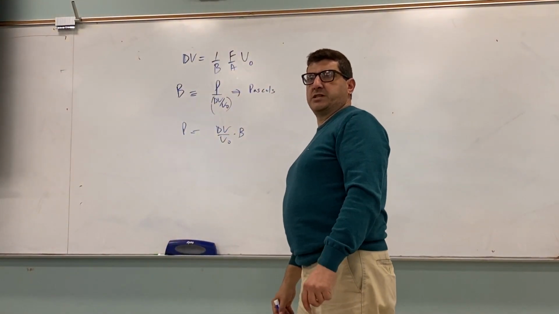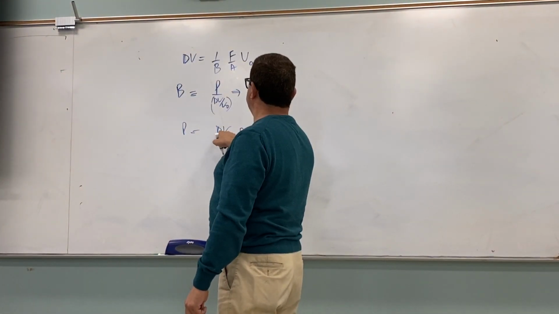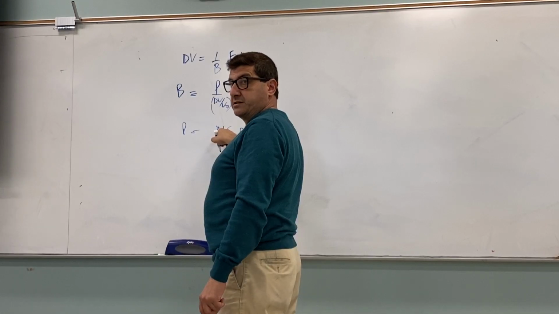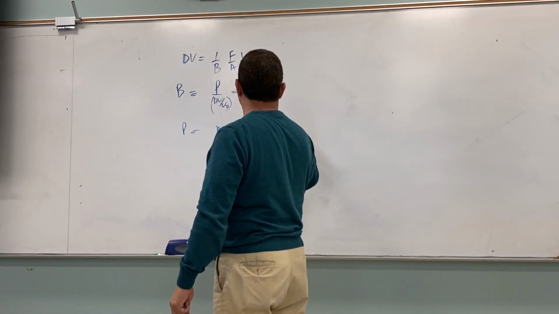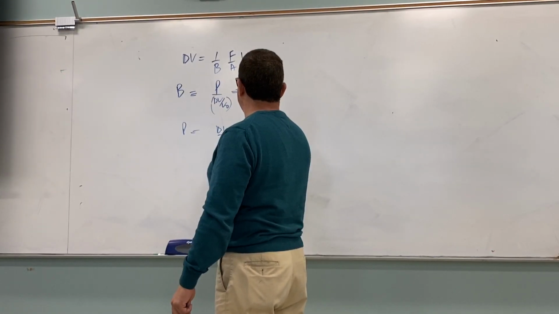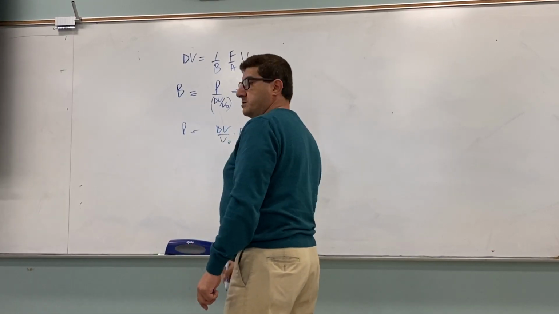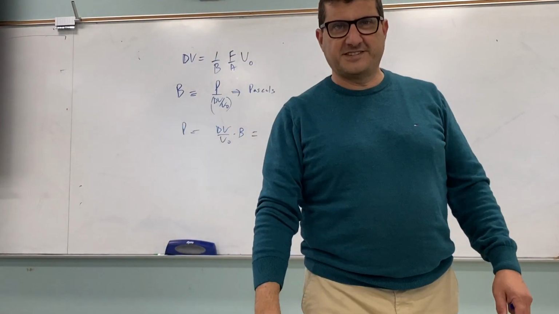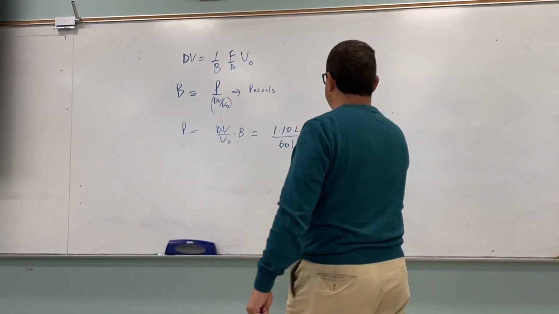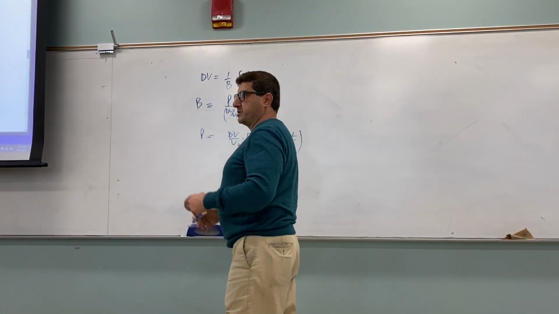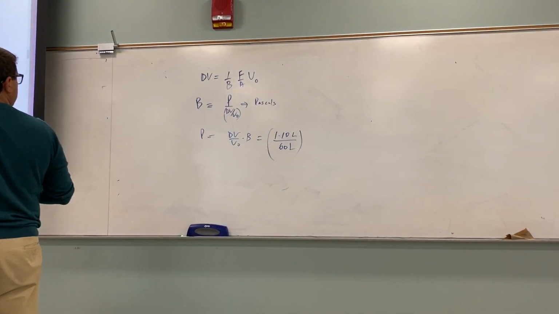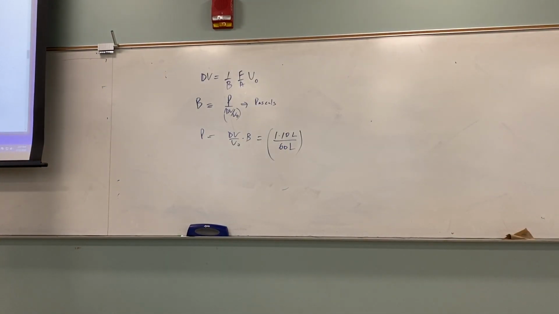Oh, nice problem, I like that. So this is the amount that it increased by, 1.10 liters. This was the original 60 liters, right? Times the bulk modulus. In other words, the bulk modulus tells you how much pressure you need to increase the volume by a certain ratio.